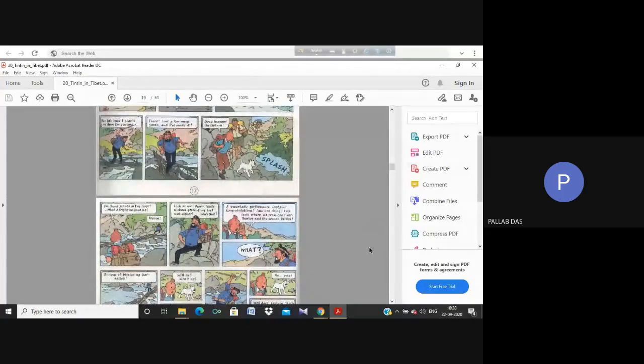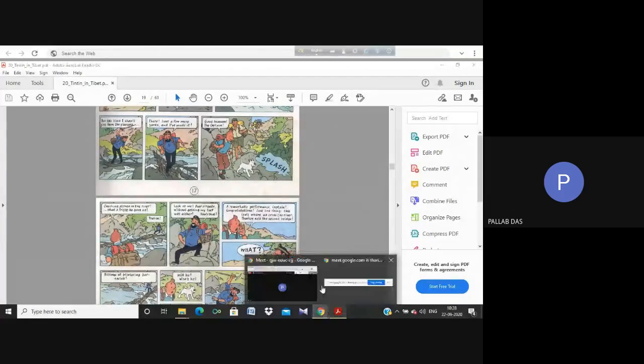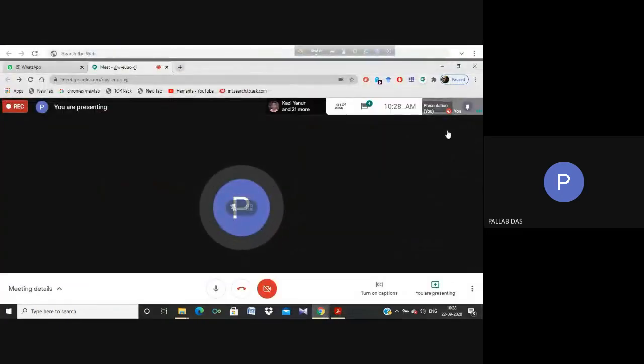So this is all for Tintin, and now it is your turn. One by one, open up your mic and ask anything regarding this book. This is all I had to say. I hope you have understood how the theme of nature becomes very important in Tintin. Have you?